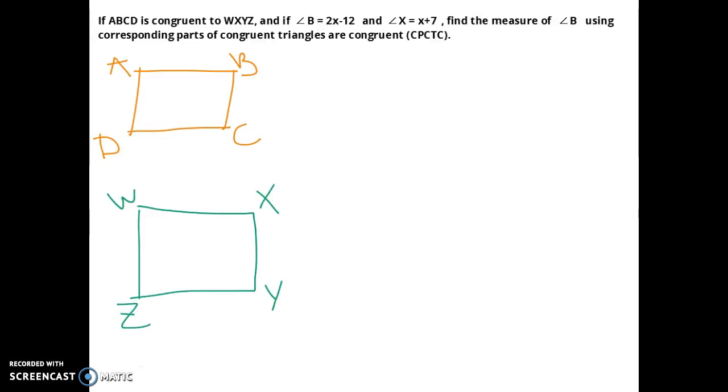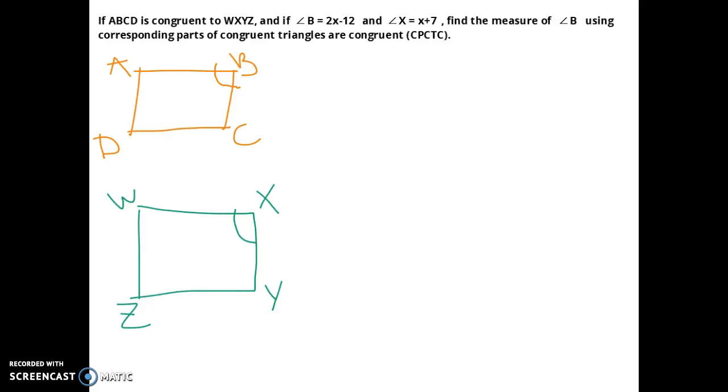Now we need to make sure that each point is in the identical location as the other. Then it says that angle B is 2x minus 12, and angle X is x plus 7. We need to find the measure of angle B using corresponding parts of congruent triangles are congruent.